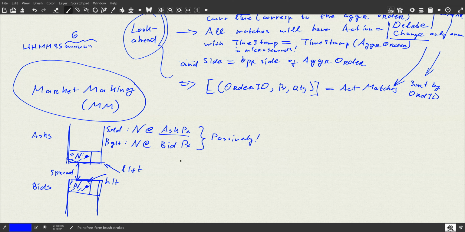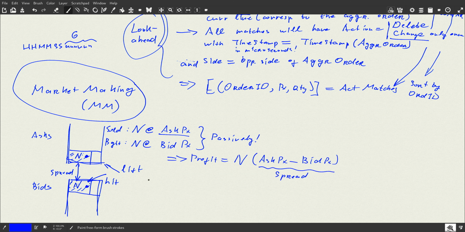So we immediately generated a profit, which is equal to n times the ask price minus the bid price, because we sold at a higher price than we bought. And best ask minus best bid is precisely the spread in this case.